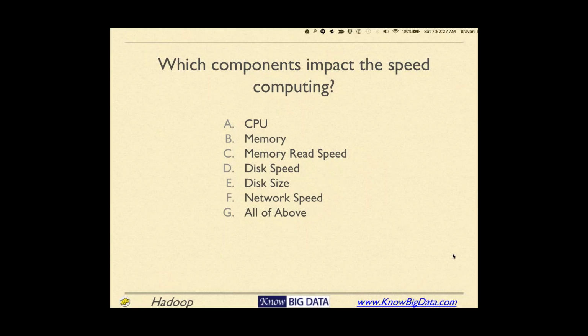Almost all of you, except for one person, say G, all of the above. Yes, disk size also is important, Abhay. All right. So yes, all of these components impact the speed of computing.